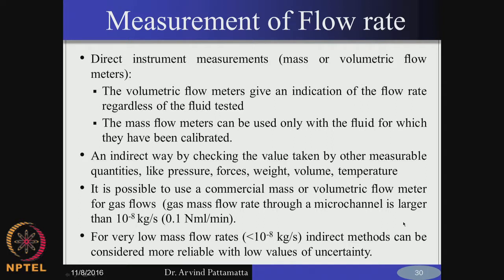Sometimes this may be more accurate than putting a mass flow sensor, because the mass flow rates are so small that instantaneous flow rates may be very difficult to detect, but once you let it collect to the order of a few milliliters, judging the flow rate from that might be more accurate. So, it is not uncommon for people to rely on very simple methods like collecting in a beaker over a period of time to calculate mass flow rates, rather than using expensive mass flow meters.